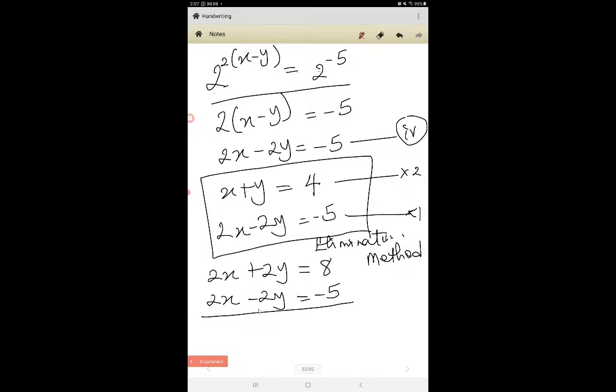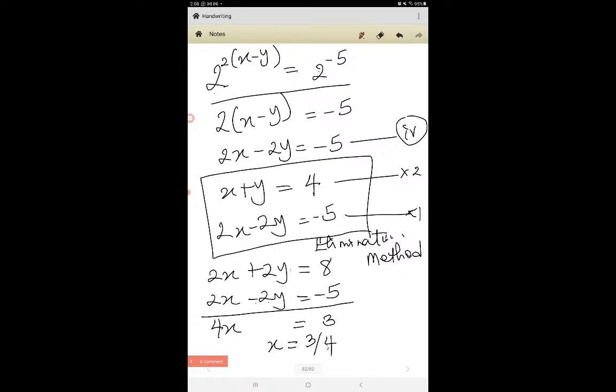What you are able to observe from here is this is plus 2y and minus 2y. So the only thing you do here is add them together. This will give you 4x, and the y terms add together to give you 0. The right side gives us 3. So therefore, x is equal to 3 over 4.